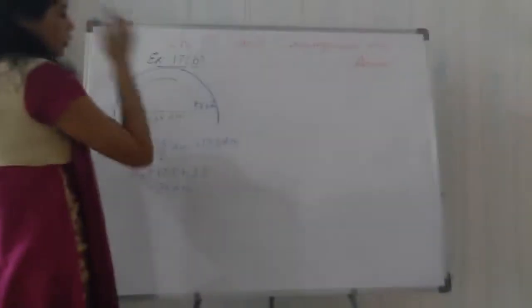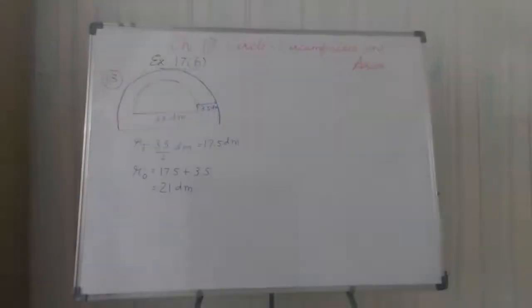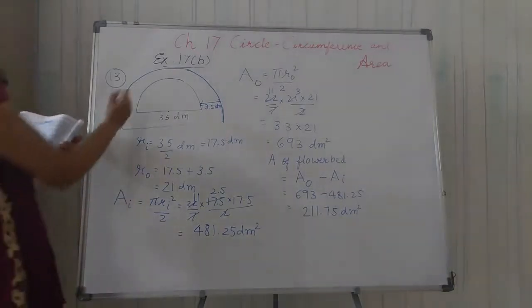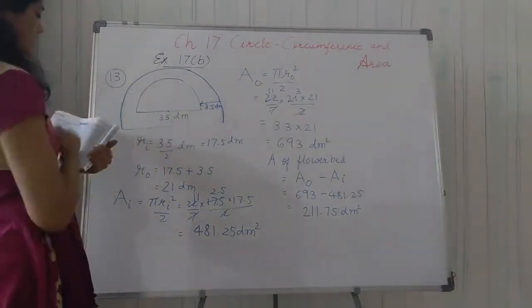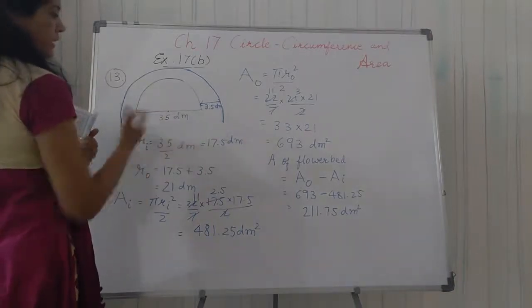Now we calculate the area of this flower bed. For that, first of all, we have to calculate only the half circle. This is the half circle. We have to find out the area. This is not the full circle here. Question number 13, students, here. This is the lawn I have drawn in the semicircle shape whose diameter is given to us as 35 dm.